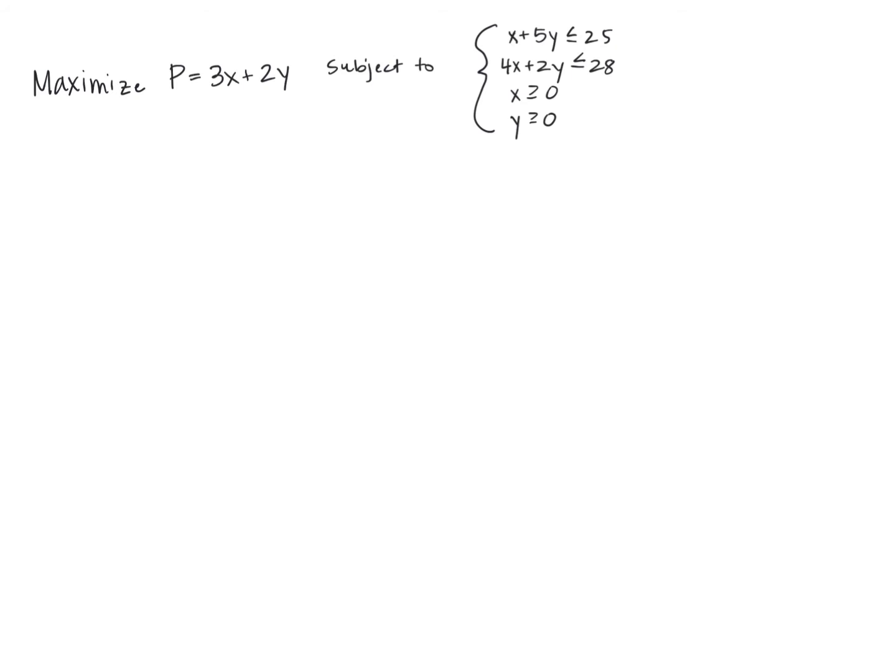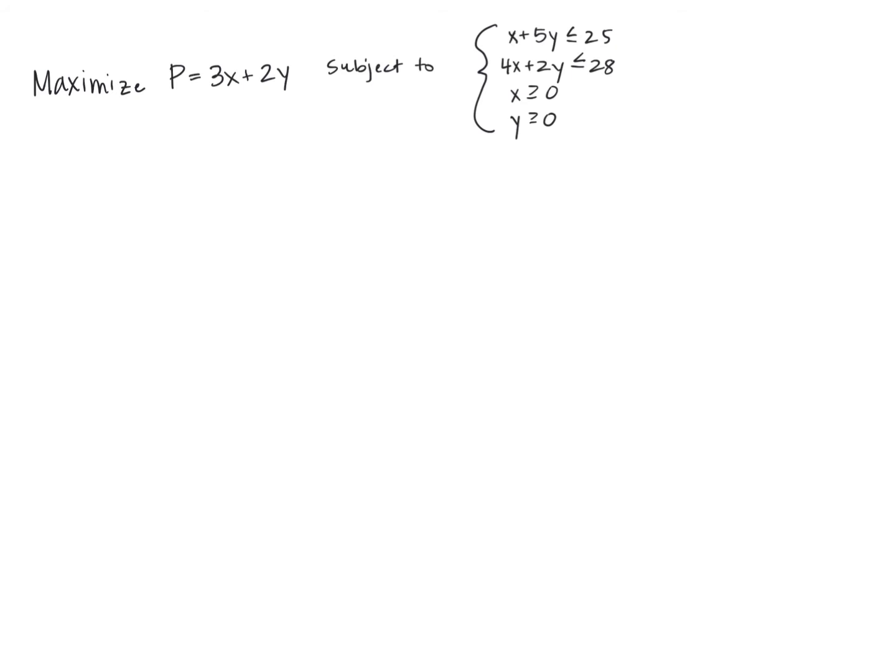For this example, just to keep it a little simpler, I'm going to only have inequalities with two variables involved. But know that for this example, you could use the simplex method, or you could use the method of corners. Either one would work here.